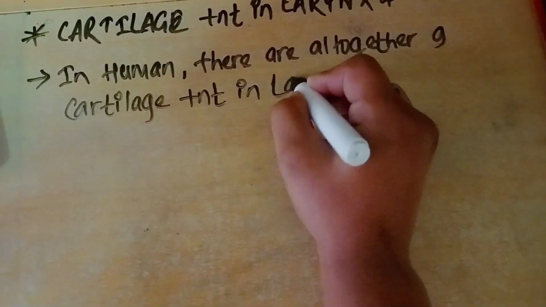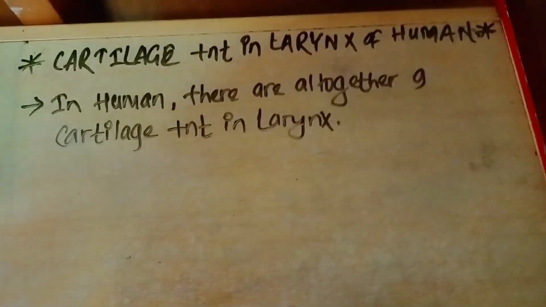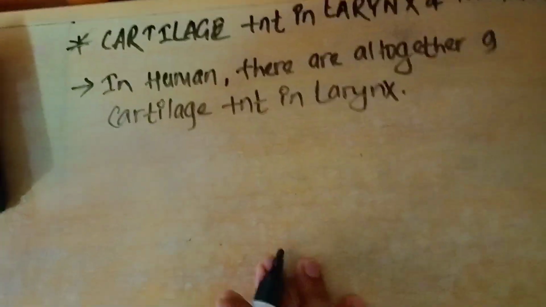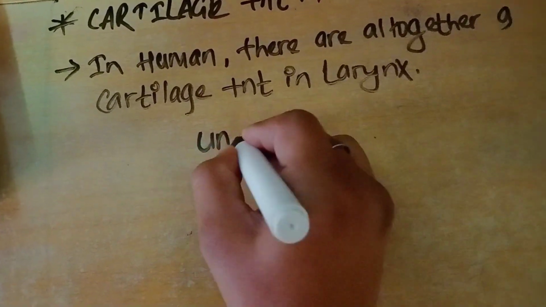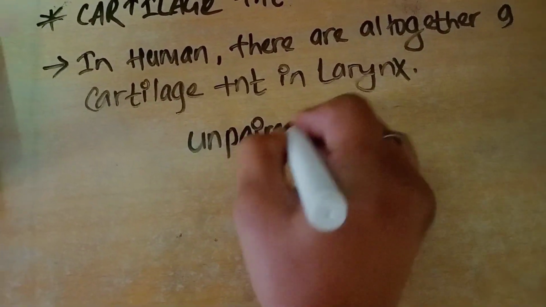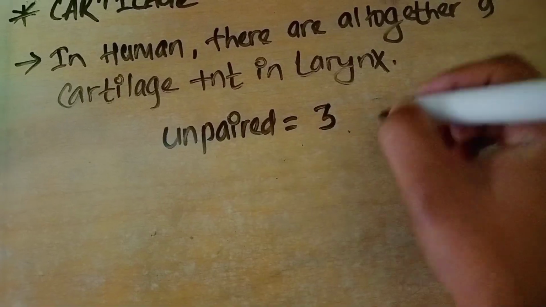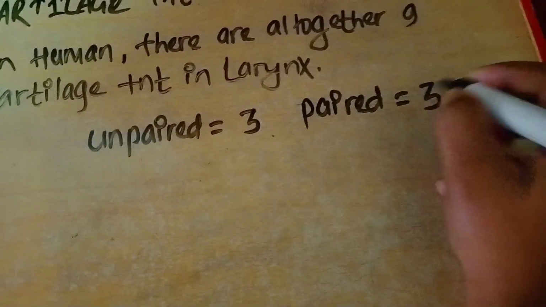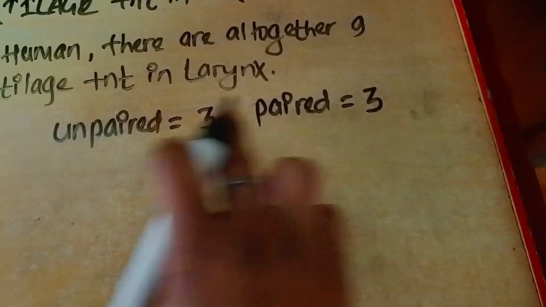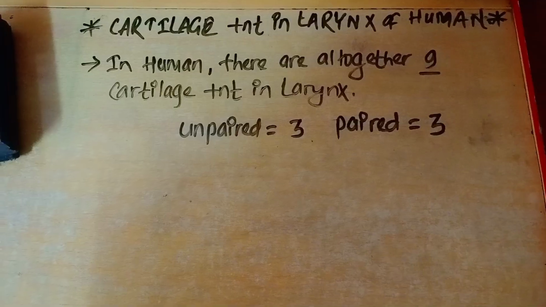Among these 9 cartilages, 3 are unpaired and 3 are paired. So 3 paired means 6, and 3 total 9.